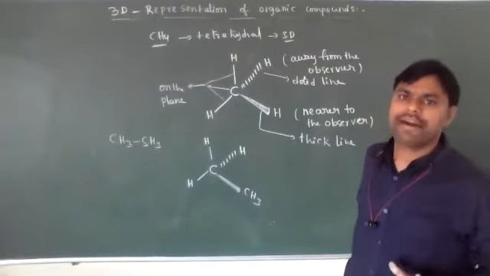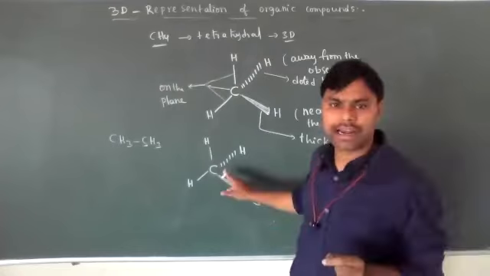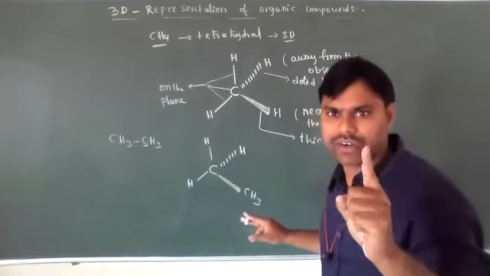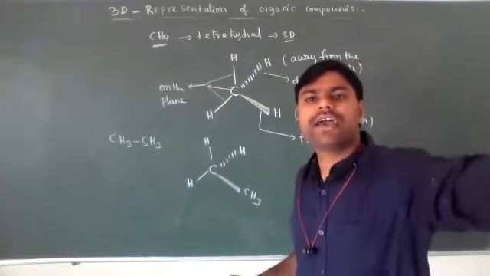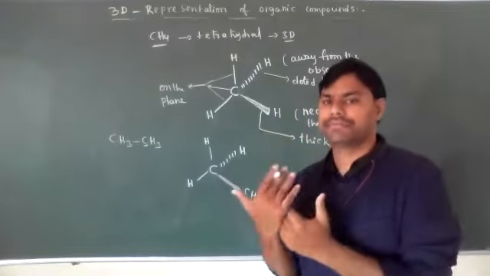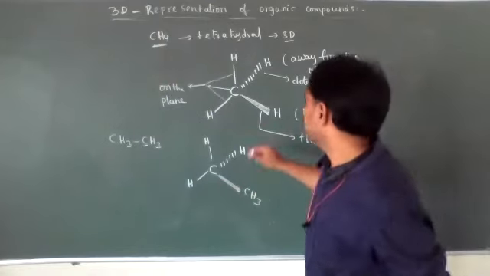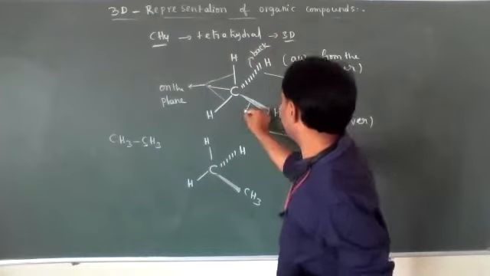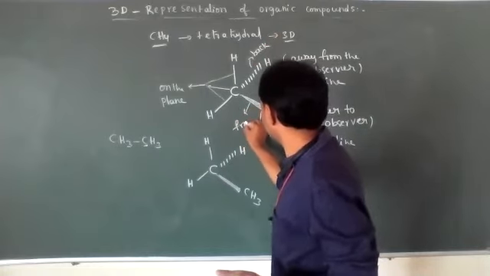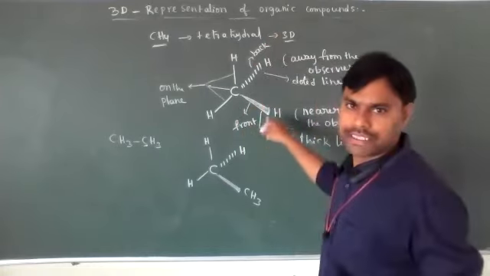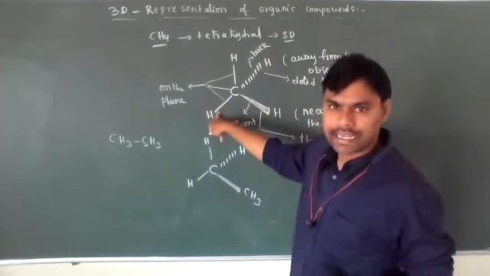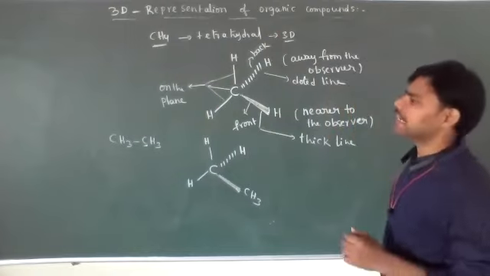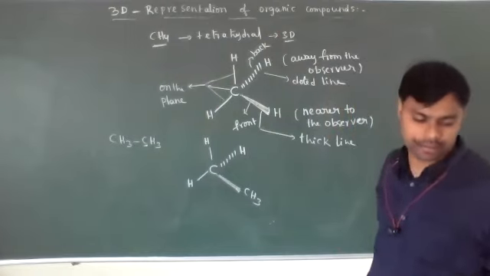Just remember, whenever in an examination in any organic compound dotted lines are present, what does it indicate, dear students? It indicates away from the observer, which means it is the back side. This is a front group. This is a back side group. The remaining three are present on the plane. So this is about three-dimensional representation of organic compounds.